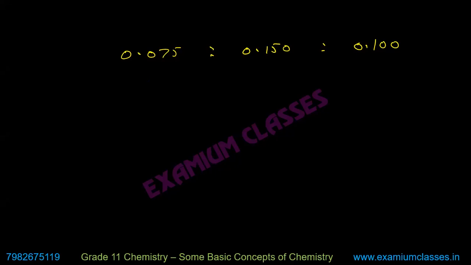Multiply all by 100. So this will be 7.5, this will be 15, this will be 10. Instead of 100, multiply it by 1000. Then it will be rather easier. You will get 75, 150, 100.